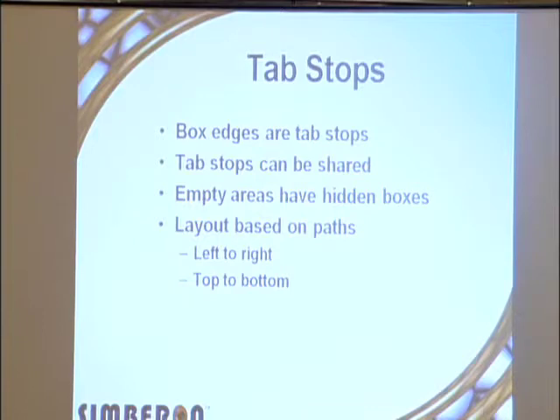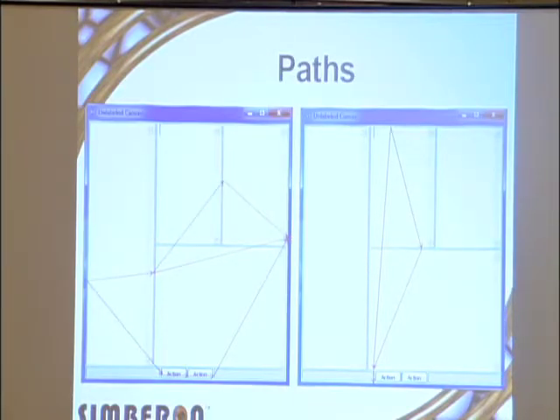The layout is now based on paths. Left to right paths and top to bottom paths. So basically, in the first diagram, I start at the left-hand edge and say, well, there's really only one control here. So I have one starting point. But then that control, I'm sorry, there are two controls here.